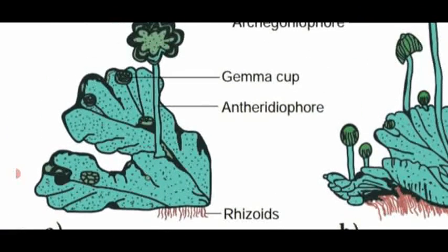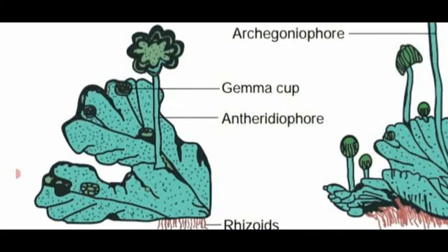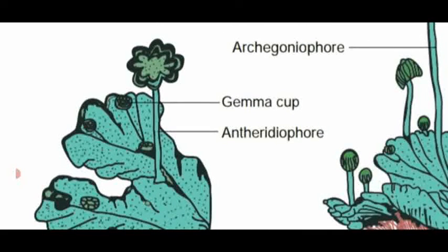First one is the male thalli, which produces a slender stalk-like receptacle known as antheridiophore. At the tip they produce the antheridium, which contains biflagellate antherozoid.